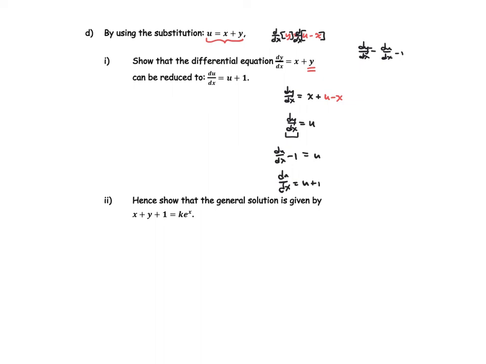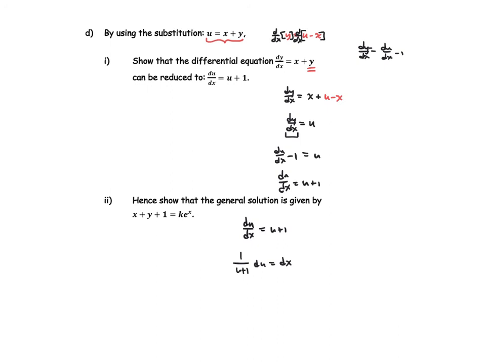Hence, show that the general solution is given by the following. Okay, so now if you look at du/dx being equal to u plus 1, this is separable. I'm going to divide both sides by u plus 1 and multiply both sides by dx.